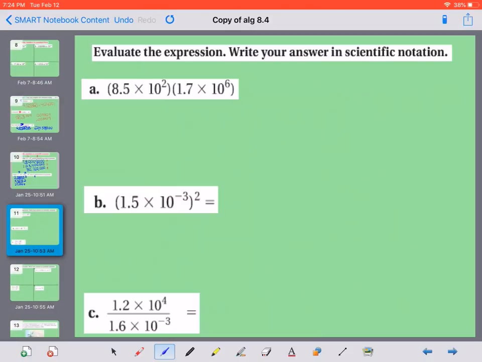That gives me a gigantic number. It's 1, 4, 4, 5, and 1, 2, 3, 4, 5, 6 zeros.